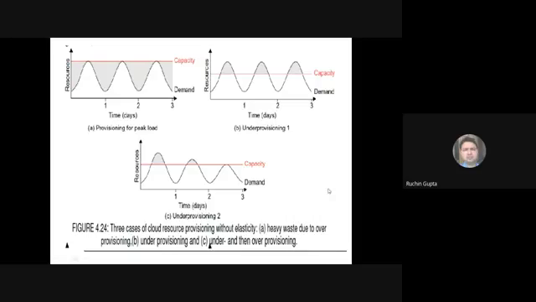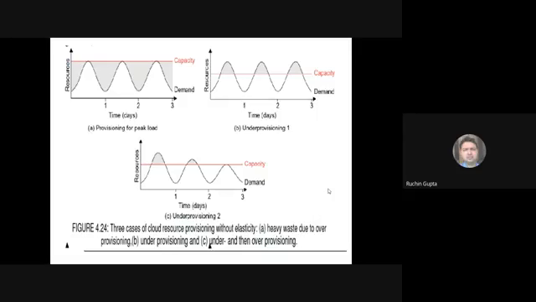So that's why we see that in both cases, under provisioning as well as over provisioning, the situation is not good. In case of under provisioning, the resources are not available. The right amount of resources is not provisioned and made available to the consumers, so the service provider has to pay a lot of penalty to the consumer.